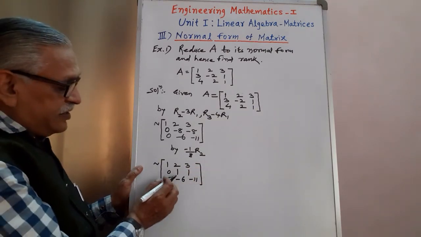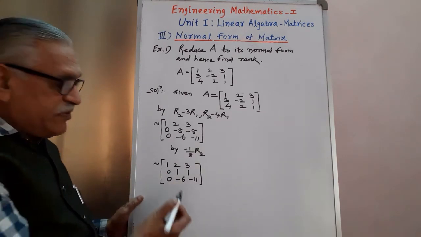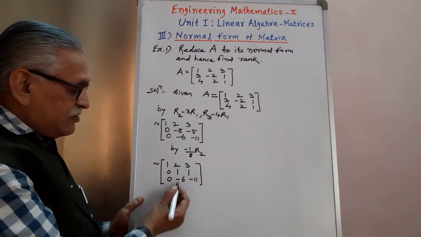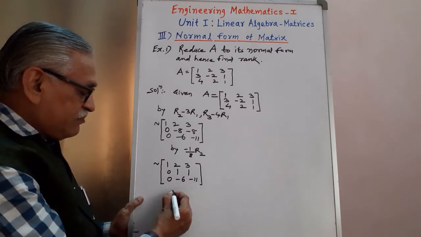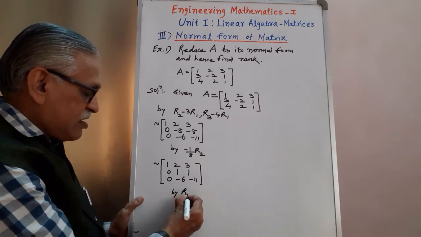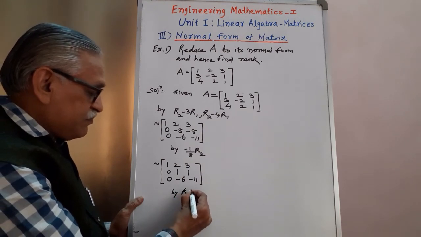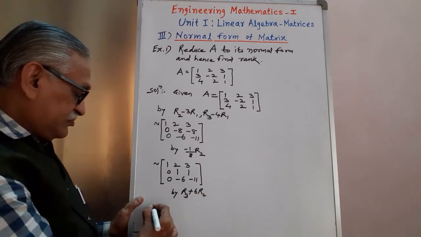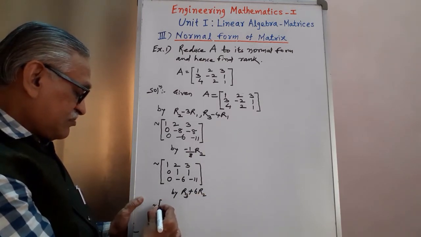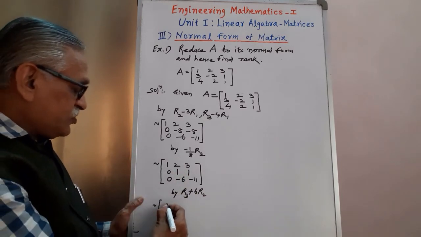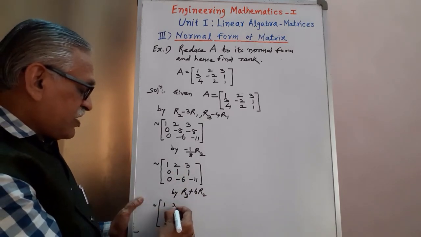Then using this second diagonal element 1, we try to convert the element below it to 0. Minus 6 plus 6 we get 0, by applying the transformation R3 plus 6 times R2. The first row has no change, 1, 2, 3.